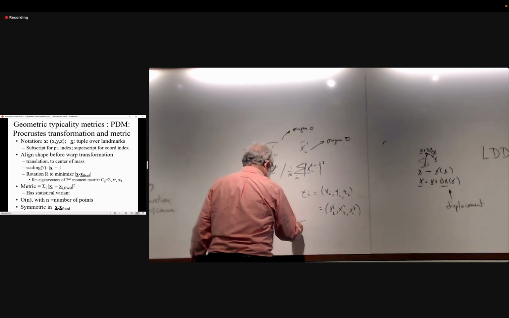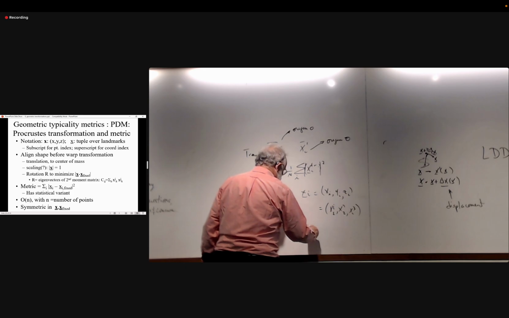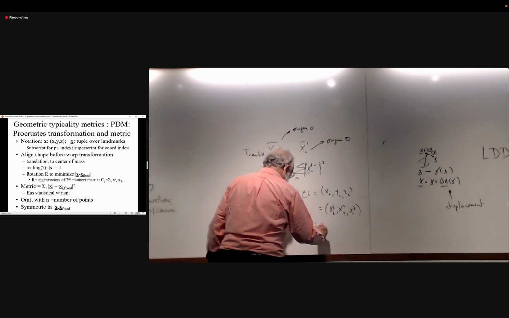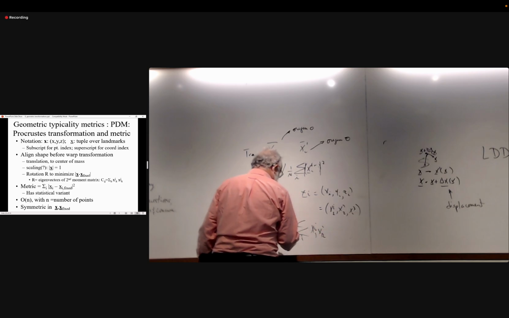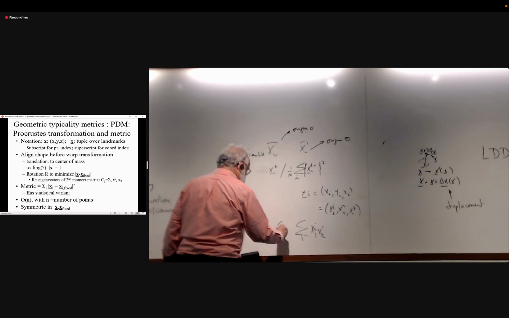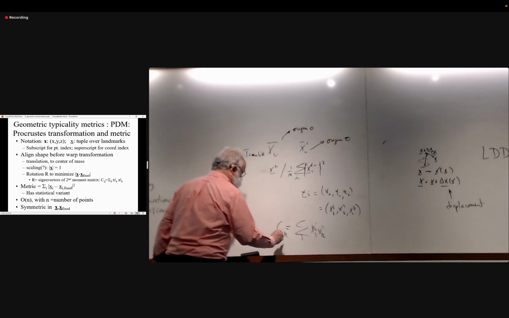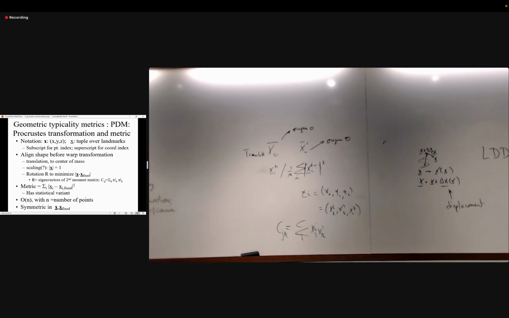Then if you take x_ij, x_ik, summed over i, and make a 3 by 3 matrix whose elements are C_jk, you get a matrix C, and it turns out the eigenvectors of that give you the rotation that you want to normalize this thing to a standard orientation.